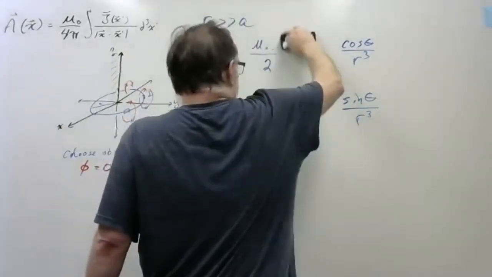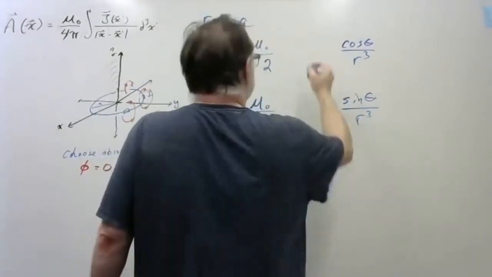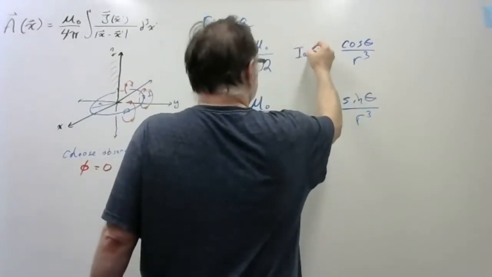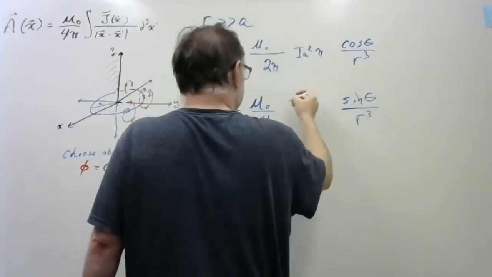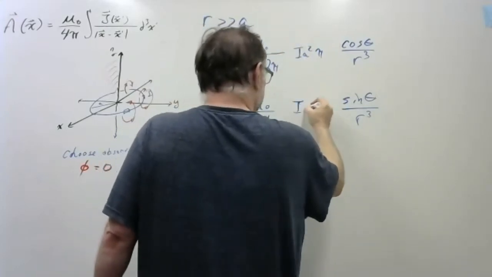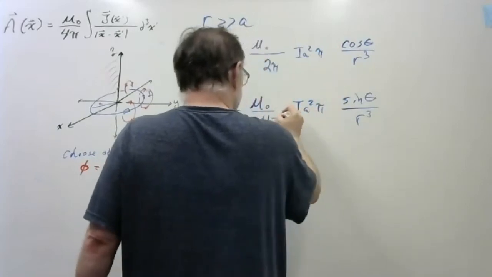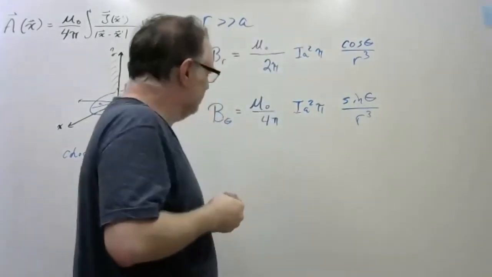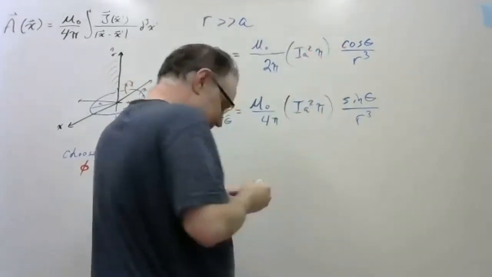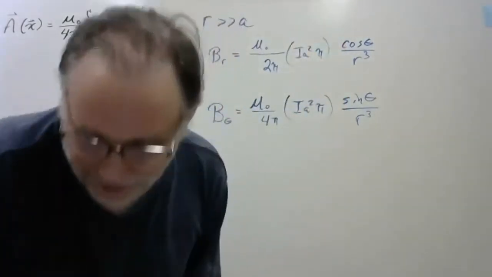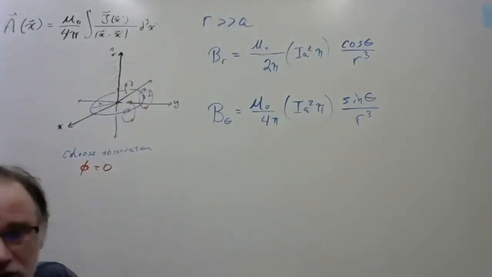Then pull this I a squared and put it in the middle, and multiply and divide by pi. Now we have our analogous little quantity.